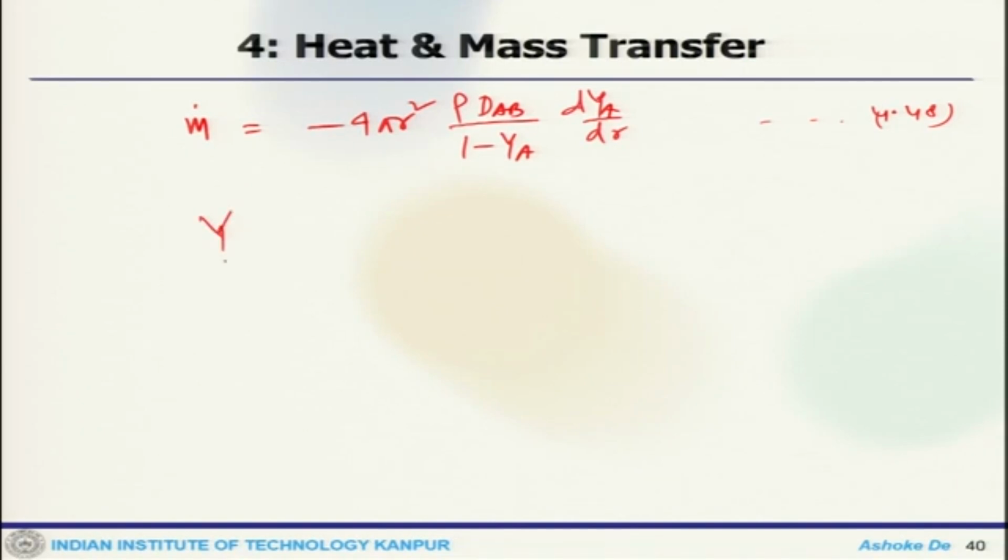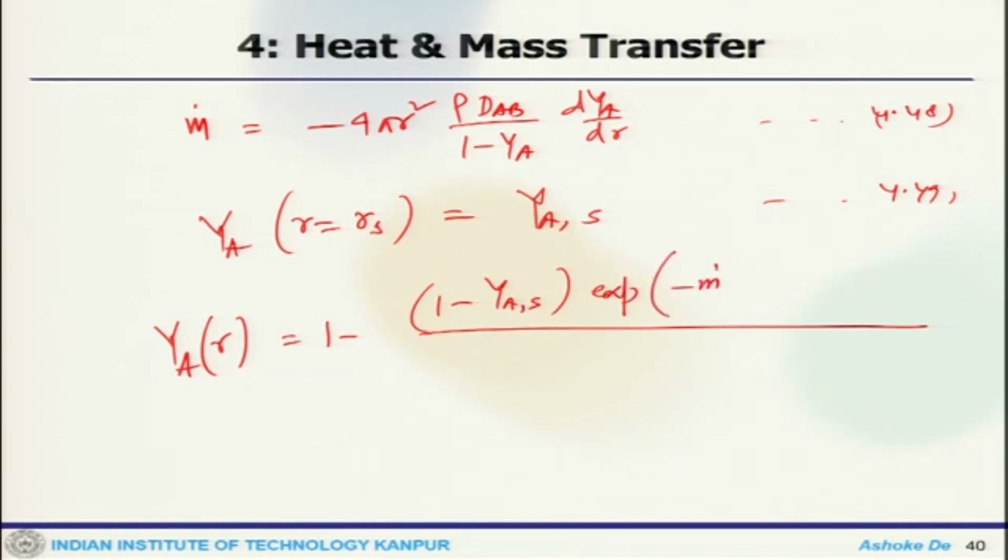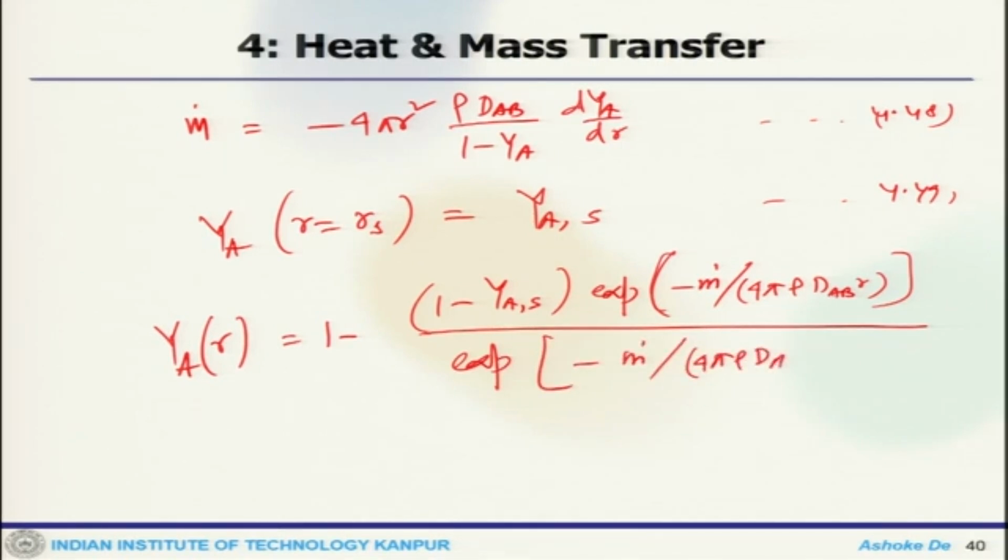So, one of the boundary conditions is that y a at r equals r s, that is the droplet surface, is y a s, which will get you y a with r as 1 minus y a s, exponential of minus m dot by 4 pi rho d a b r, divided by exponential of minus m dot by 4 pi rho d a b r s.